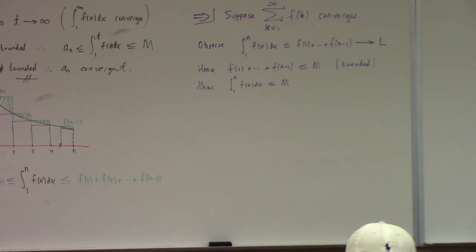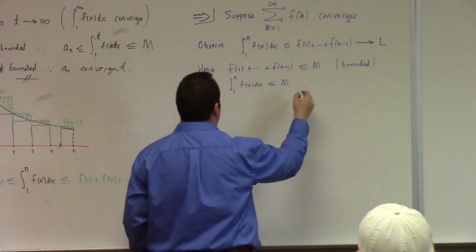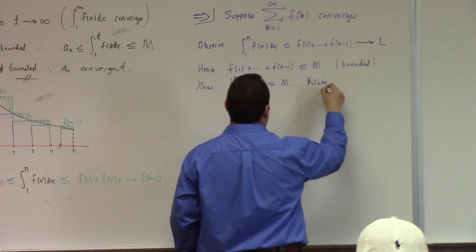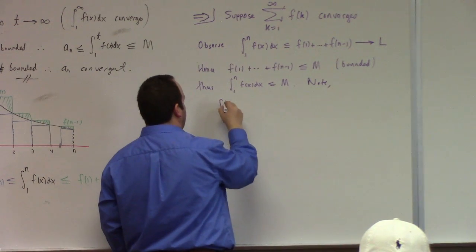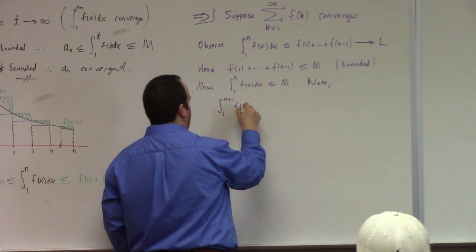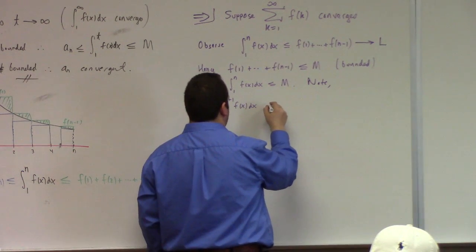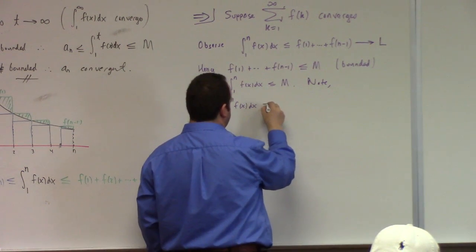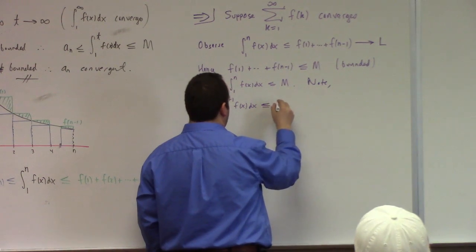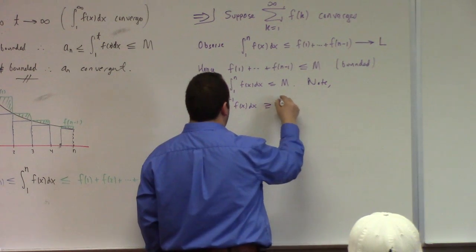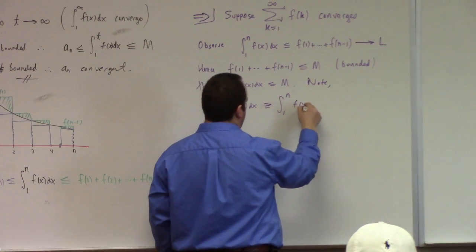Is this integral sequence increasing? In other words, if I look at the integral from 1 to n plus 1 of f of x dx, that's equal to what? Is that greater than or equal to the integral from 1 to n of f of x dx?